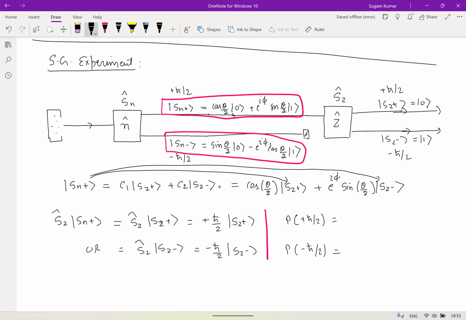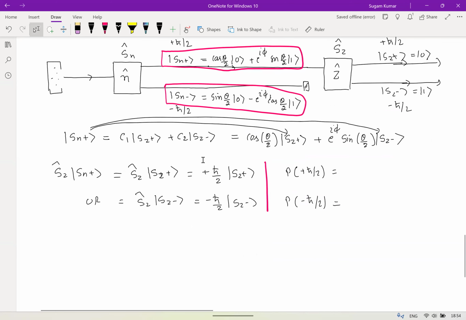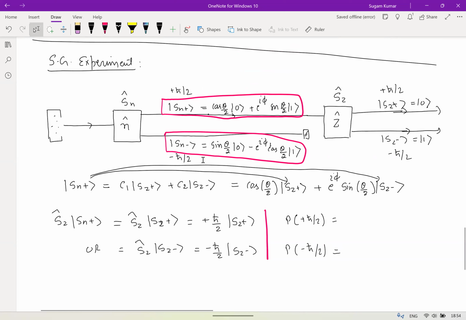Anyone would like to tell me how to do this? How you can find the probability? Well, you have already written Sn plus in terms of Sz plus and Sz minus. So the probability is mod psi square. So Sz plus operating on Sn plus, and then you take mod square.